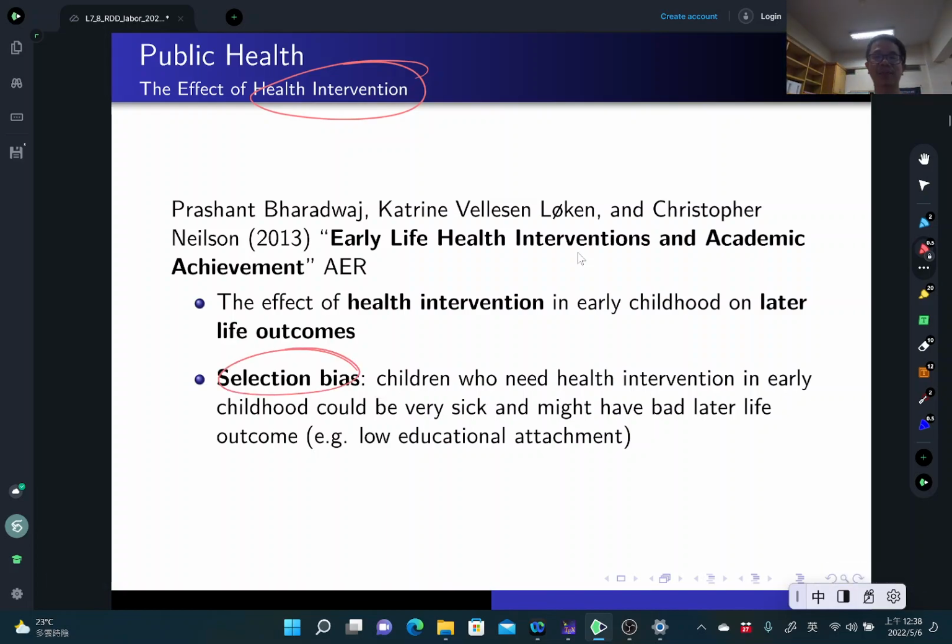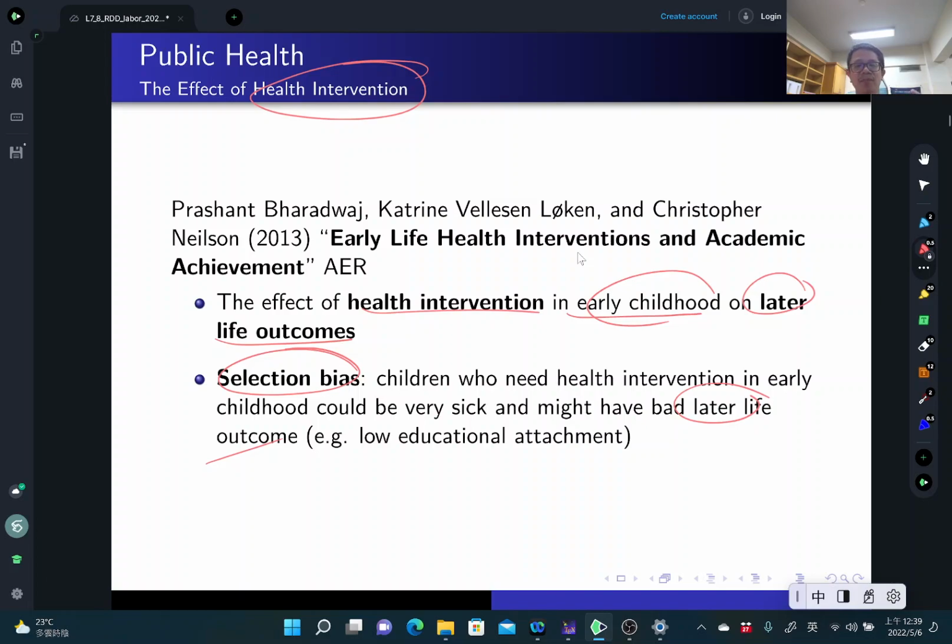So in this paper, they try to understand the effect of health intervention, for example, going to see a doctor more or staying in the hospital longer in early childhood, on their later life outcomes. And the selection bias I just mentioned is that the children who need health intervention in early childhood could be very sick, and they might have very bad later life outcomes, for example, low educational attainment.